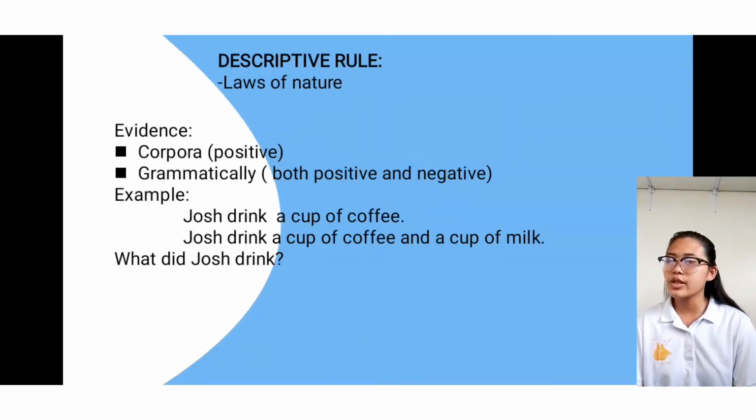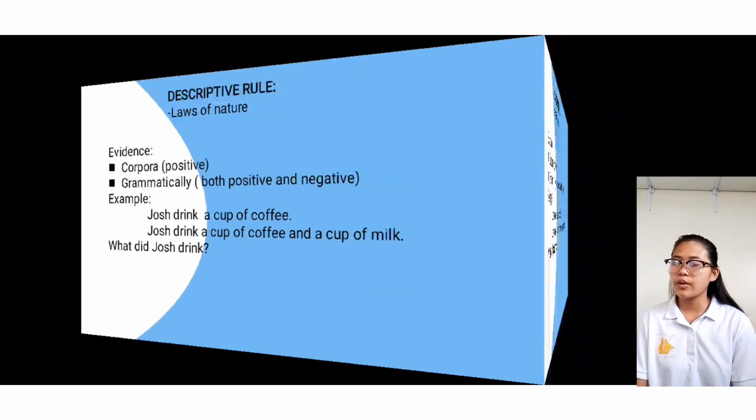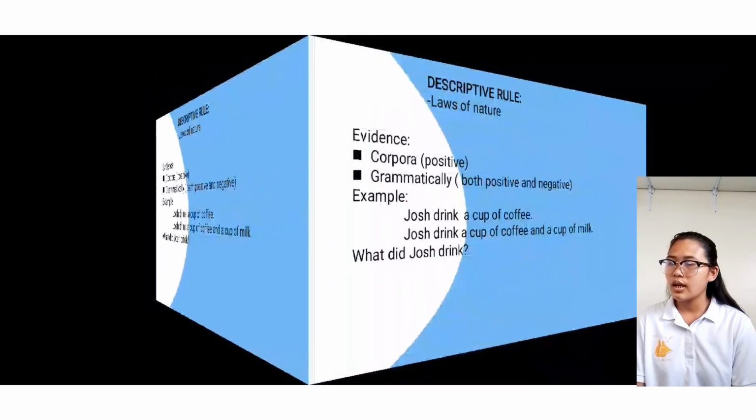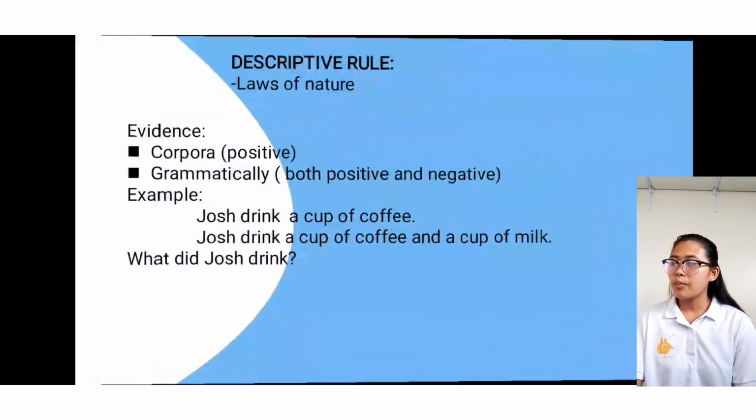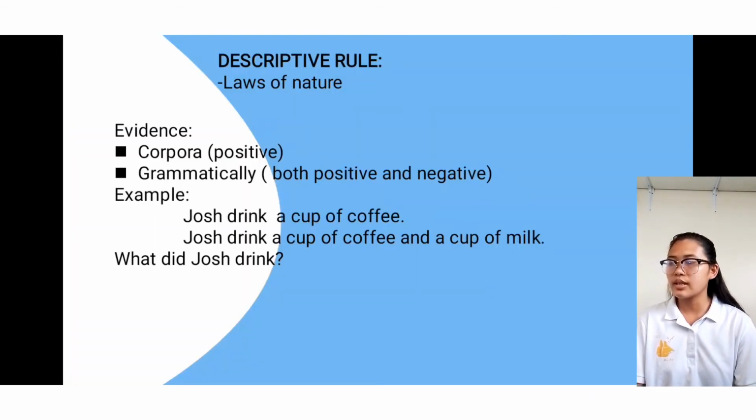Now let's move on to descriptive rules, which have evidence, the corpora, both positive and negative, as to what is grammatical. As you can see in the example, Josh drank a cup of coffee. Josh drank a cup of coffee and a cup of milk.